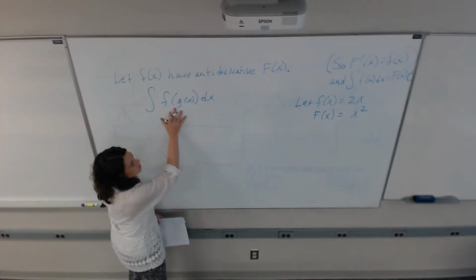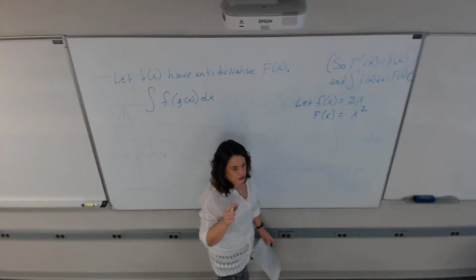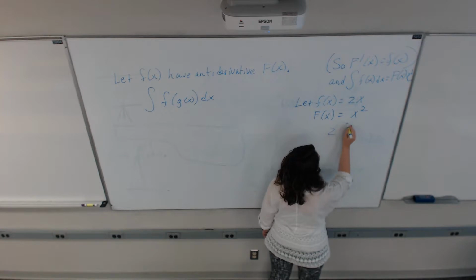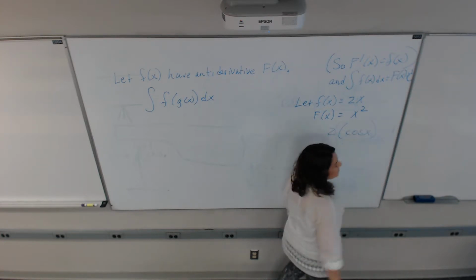So what I'm proposing over here is, what if it's not 2x? What if it is 2 times, what would be an easier one? Cosine. Something like that.